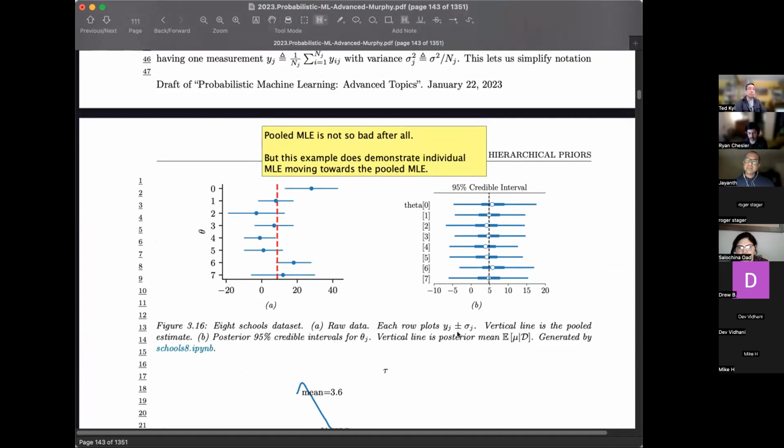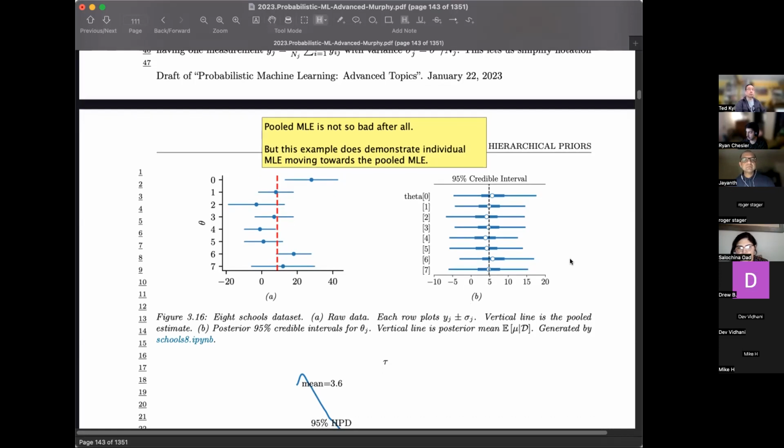Thanks for that. The way you described it, Jayanth, is that the groups regularize each other, and they term this phenomenon shrinkage. The other way to think about this is that shrinkage is bringing the values towards the global mean, right?